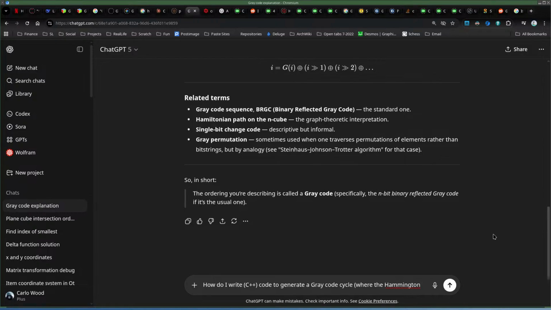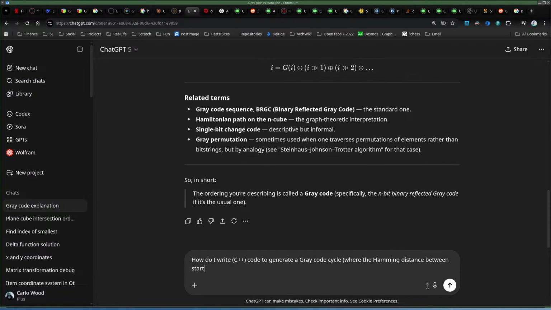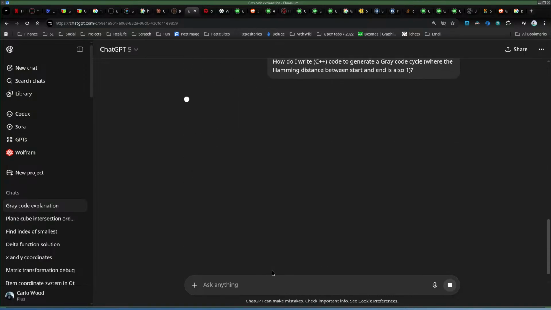Was it Hemmington? God knows. Hamming, I think it was. The Hamming distance between start and end is also 1. How do I write C++ code to generate a Gray code cycle with a Hamming distance between start and end that is also 1? Gimme, gimme.